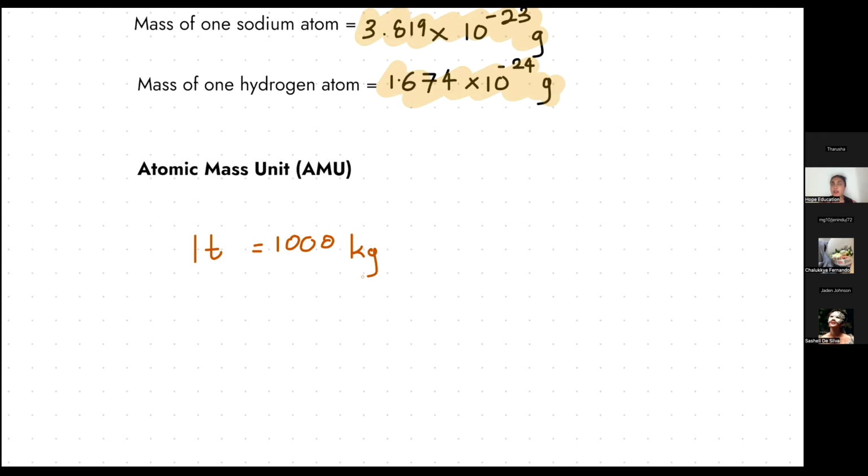So when I say 1 ton is equal to 1000 kilograms, now you understand the ton better, right? 1 ton is 1000 kilograms, 2 tons is 2000 kilograms, 10 tons is 10,000 kilograms. Likewise, you get a better understanding. Is that clear to you?